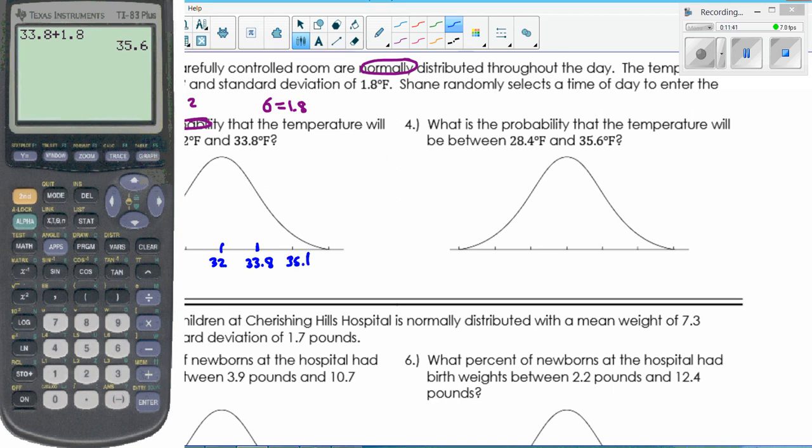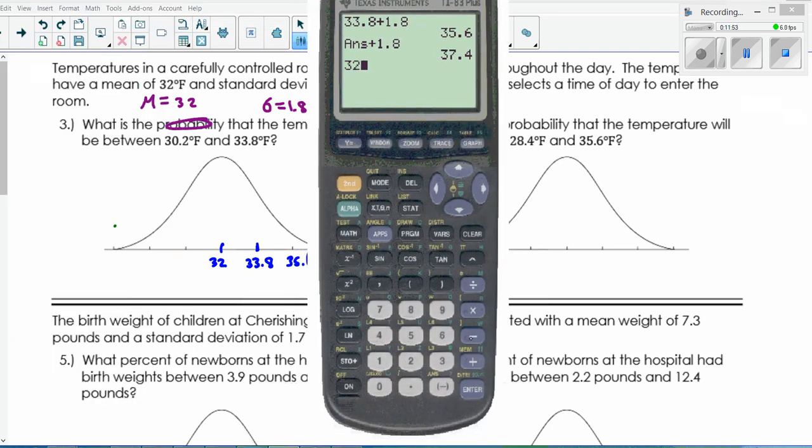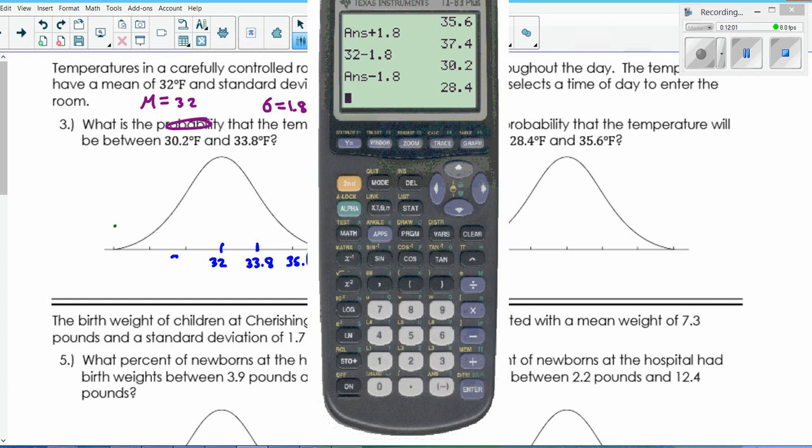I'm going to have to write kind of small. And then add 1.8 again, and 37.4. Okay, now I'm going to go the other direction and subtract. So 32 minus 1.8, minus 1.8. Alright, so 30.2 and 28.4.